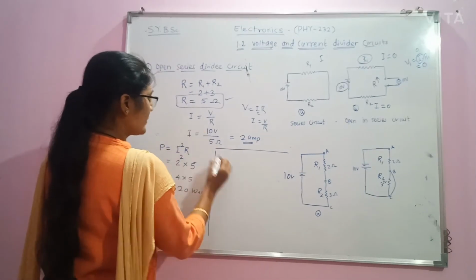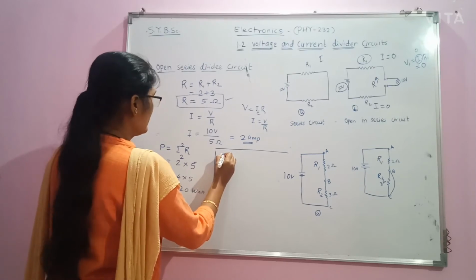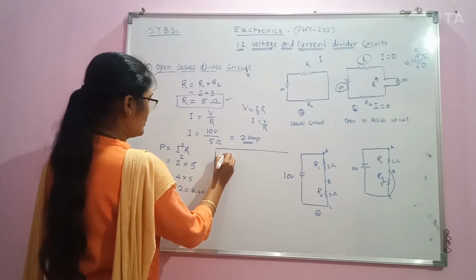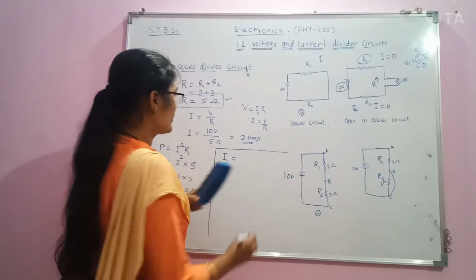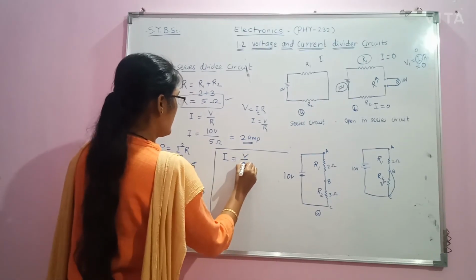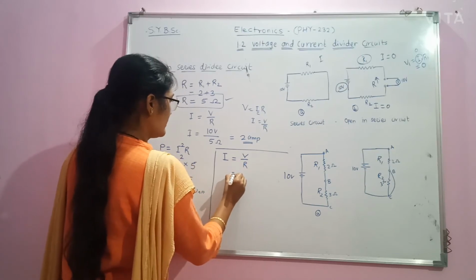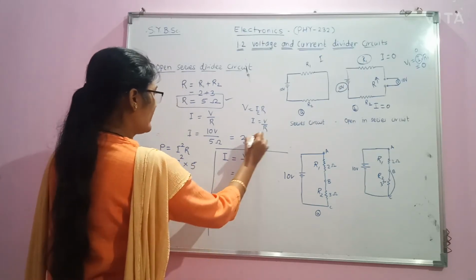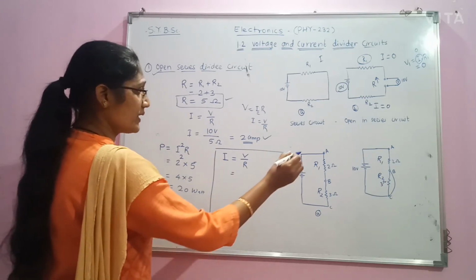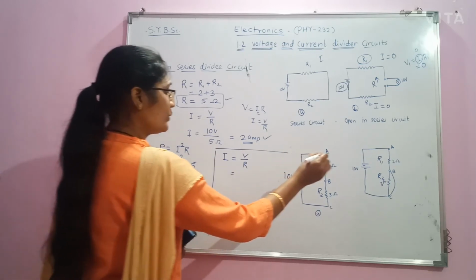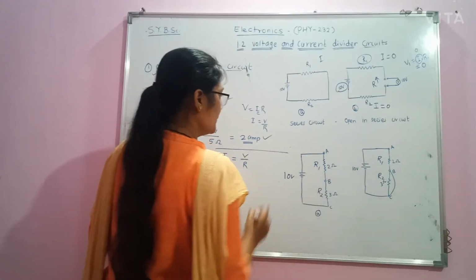Again, we have to calculate I. V by R, the value of I, was calculated earlier as 2 ampere. Now in the case of short circuit, the resistance value is only 2.